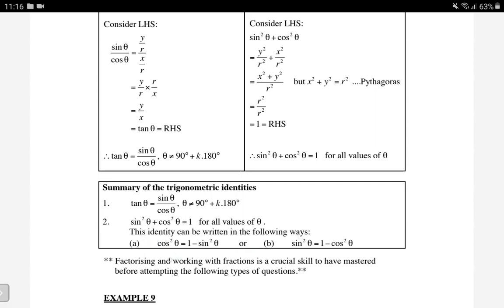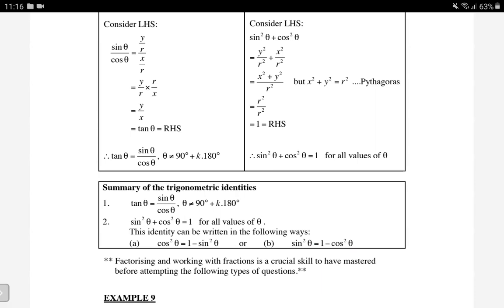If you have cos squared theta, you can always write it as 1 minus sin squared theta. If you have sin squared theta, you can always write it as 1 minus cos squared theta. It is just that plain. You get it?